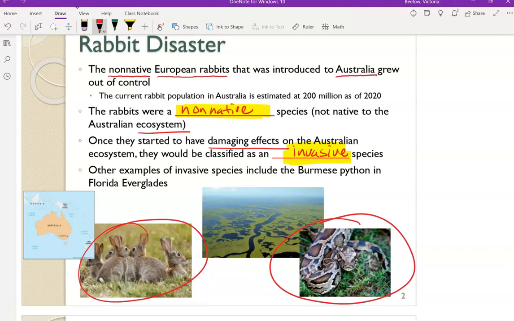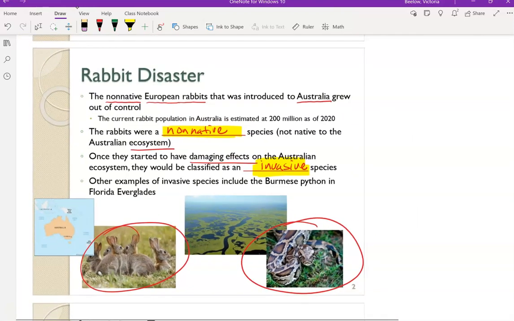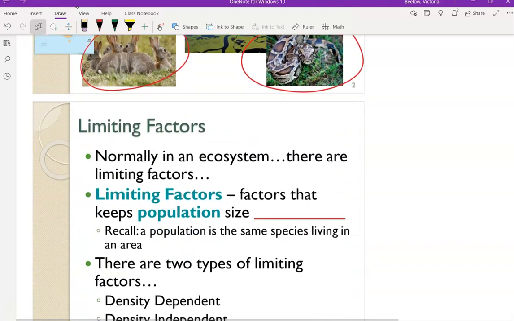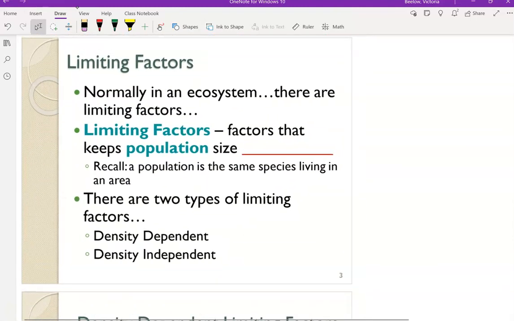Again, it was probably somebody that had it as a pet and didn't want to keep it anymore, released it into the wild, and then they could start to wreak havoc, competing with other native species, potentially driving them out and causing an imbalance in the overall ecosystem. Just a little information on that.